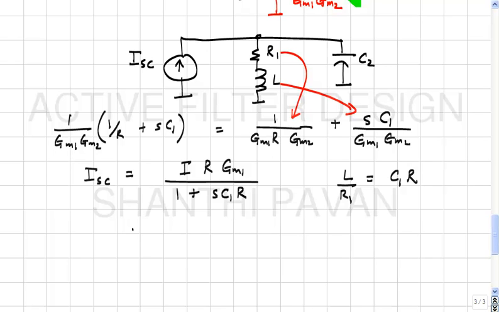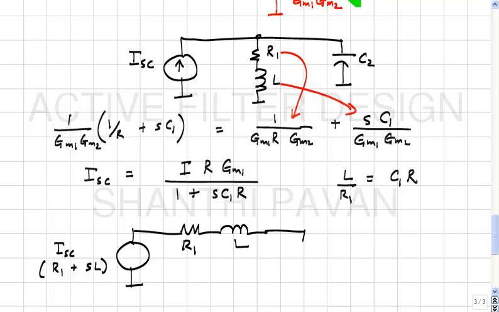So you will get a voltage source which is ISC times R1 plus SL, in series with R1, L and C2.